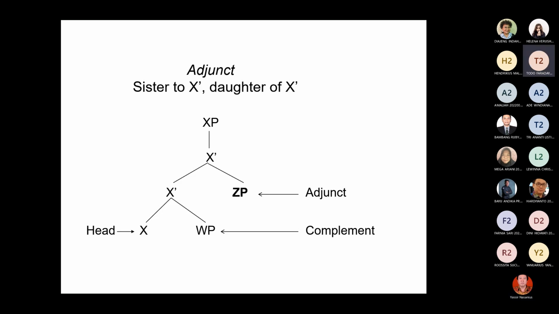But it wouldn't be three levels, sir. It would be four levels. We have XP, X bar. What is important is you must have XP, X bar. The reason why we have X bar is because it is possible now to have a ZP in between WP. But remember, we only have three levels here: XP, X bar, and X.